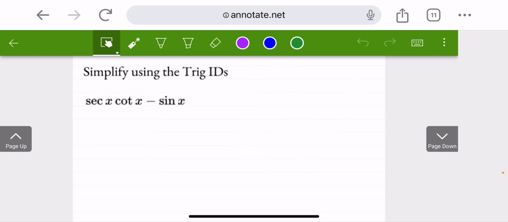All right. So now I've got secant x cotangent x minus sine x. First thing I'm going to do is write the secant x cotangent x in terms of sine and cosine. How do we write secant? 1 over cosine.